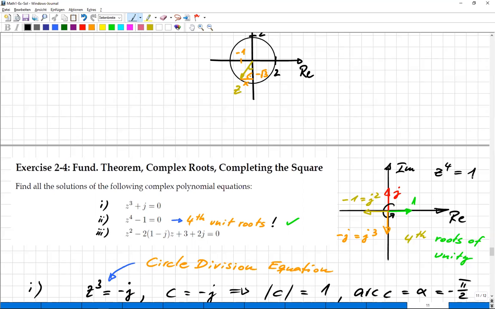And now, to solve this equation, I need to find all numbers z so that these potentiated by 4 result in 1. So in other words, to solve this equation, you have to take the fourth root to get rid of this exponent 4. And since you do that, and since you find 4 different valid solutions, we talk about these being the fourth roots of unity, the fourth roots of the number 1.